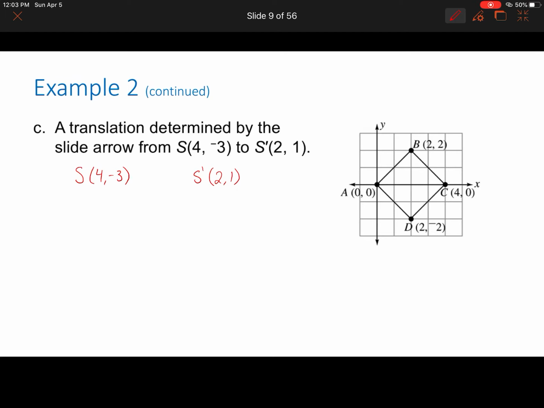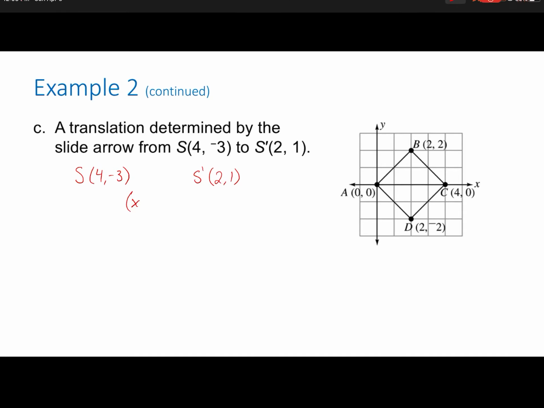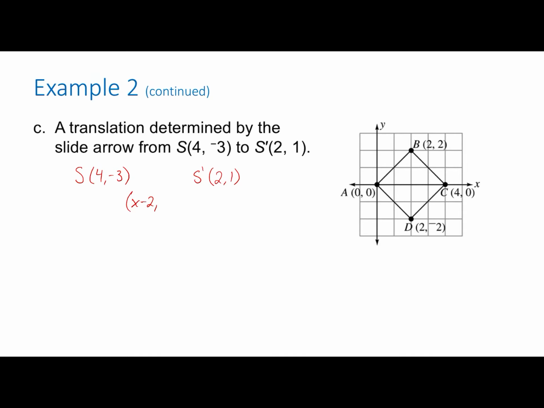So the question is, what happens between your X coordinates, what happens between your Y coordinates? Well, the X coordinate, to go from 4 to 2, we're going to subtract 2. And for the Y coordinate, to go from -3 to +1, you'd have to add 4.